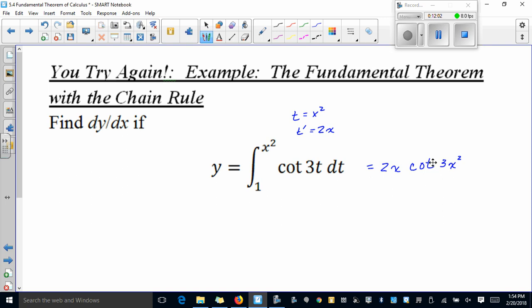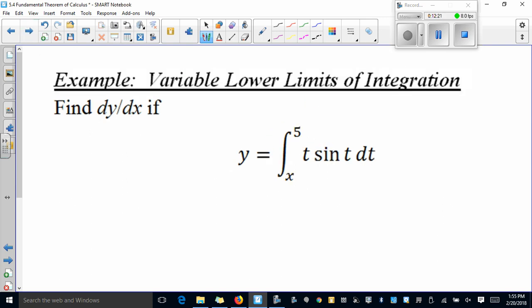Okay, so let's look at a little bit more. Variable lower limits of integration. They want you still to find this one here, but we have to use one of those rules in the front. And so we're going to go with y equals negative, and then we can change our limits of integration, 5 to x of t sine of t dt.